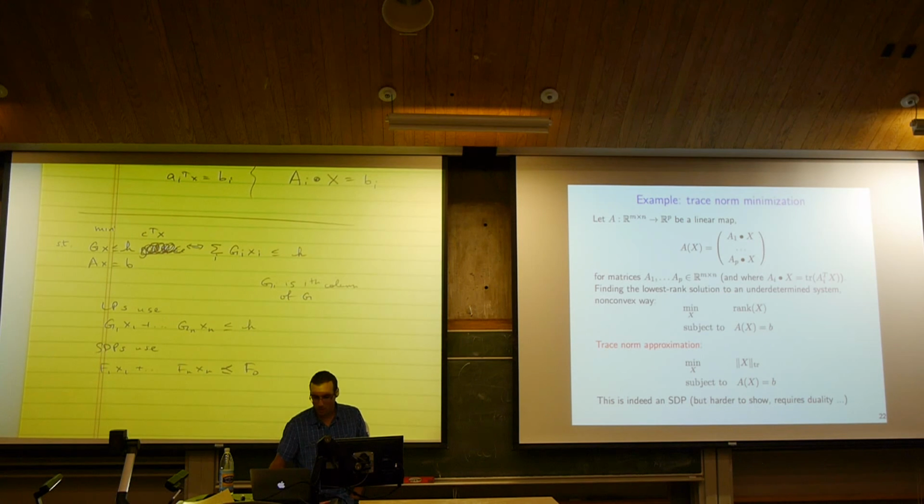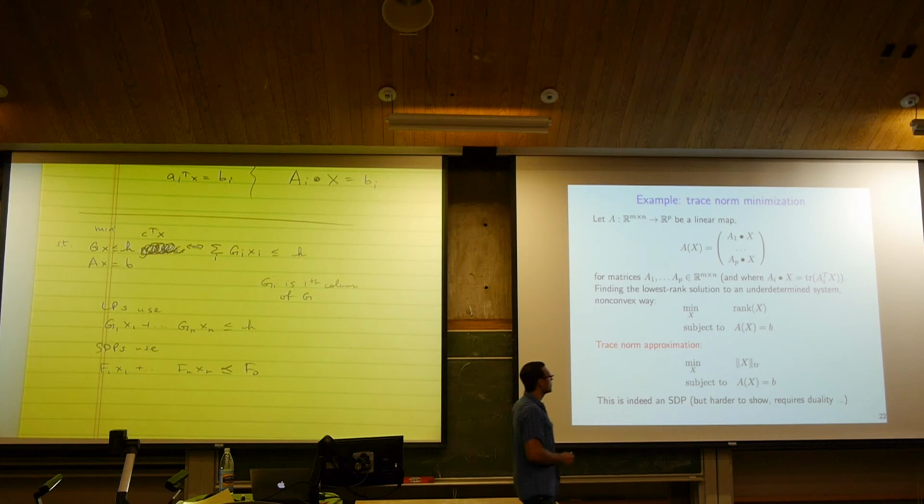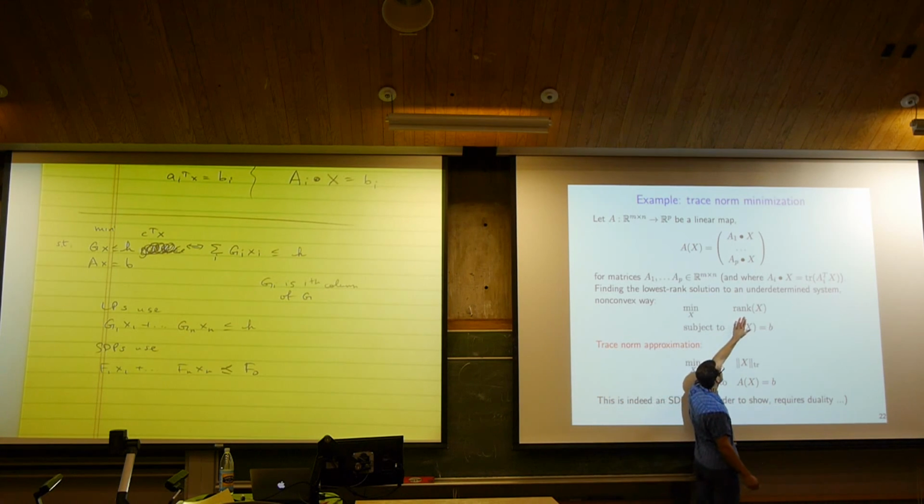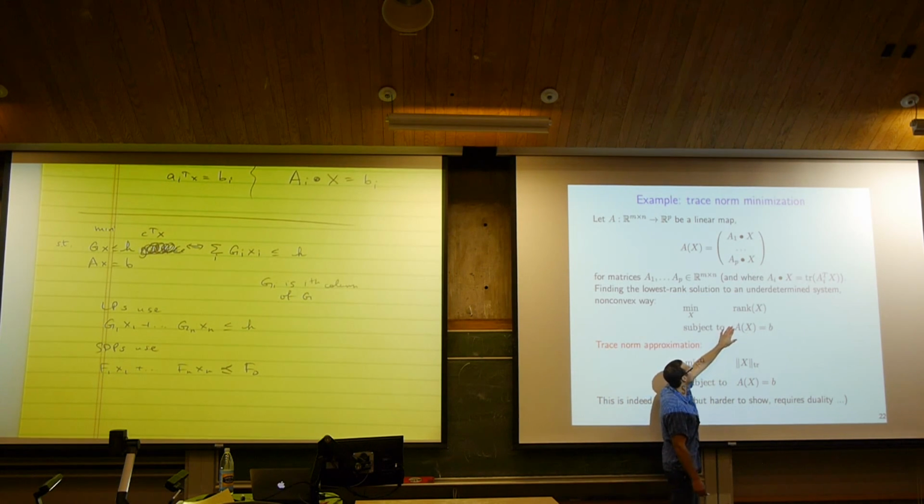Another timely example, in that it's a popular problem people solve currently, is another kind of low-rank approximation problem, similar in some sense to the PCA problem that we discussed, where we replace the rank, which is a very non-convex function, in a system of linear equalities over matrices with the trace norm.